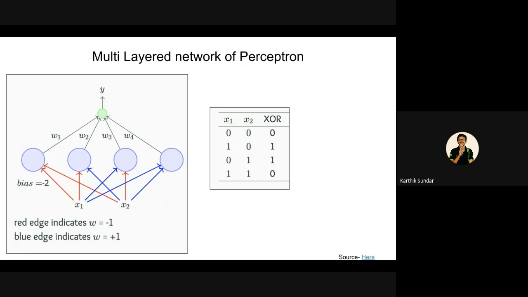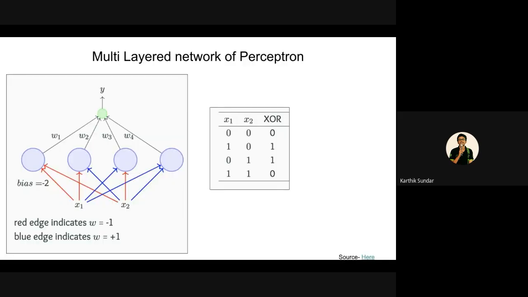I think this is the ultimate breakthrough of a neural network, because they came up with the proposition that any Boolean function can be designed using this multi-layer network of perceptrons, but you have to choose the weights ideally. So that's the intuition behind a multi-layer network of perceptrons.